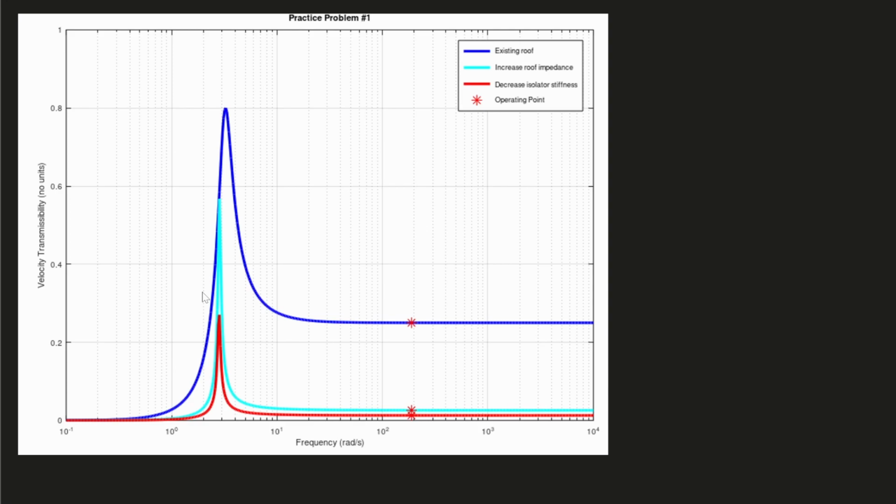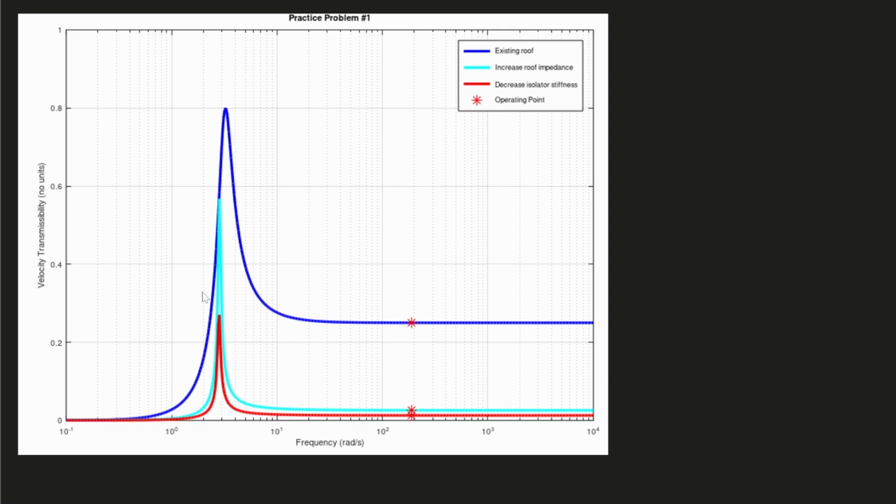Then I've plotted a comparison with some incremental changes. So, for example, if the impedance of the roof layer was increased by increasing mass and/or stiffness of the supporting structure, we see that the velocity transmissibility, or really what that's saying is the ratio between the vibration velocity measured at the roof compared to the vibration velocity measured at the equipment, decreases with an increase in foundation impedance.